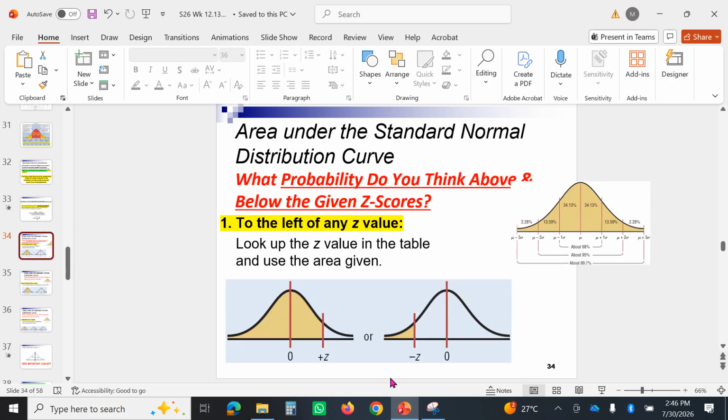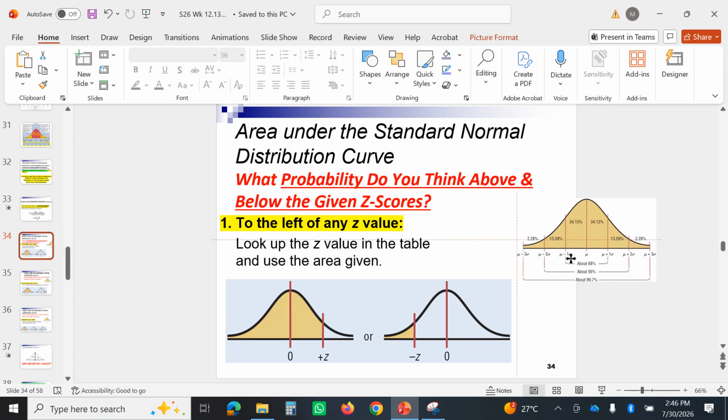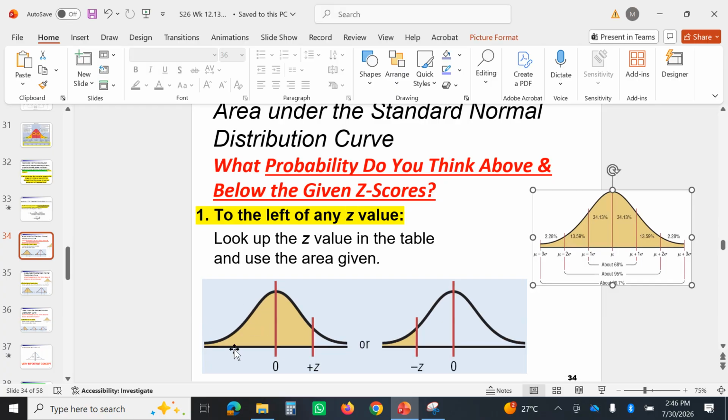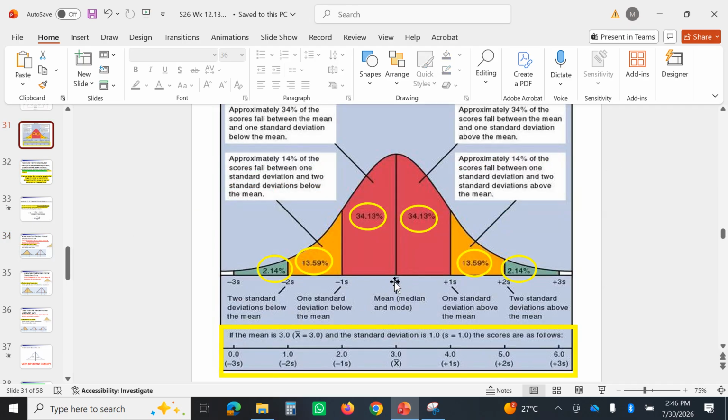Let's go. But before we do that, let's have a look at the area under the standard normal distribution curve. Now, for this one, I do not want you to use your Z table. Well, you can't, I didn't give you any numbers yet. But for this one, I want you guys to guess. Remember, there's your mean, a mean of 0, and then a standard deviation of 1 and 2 and 3.